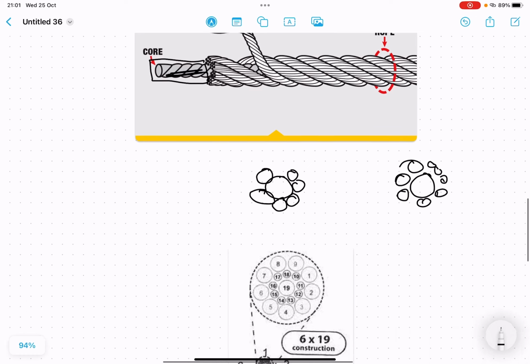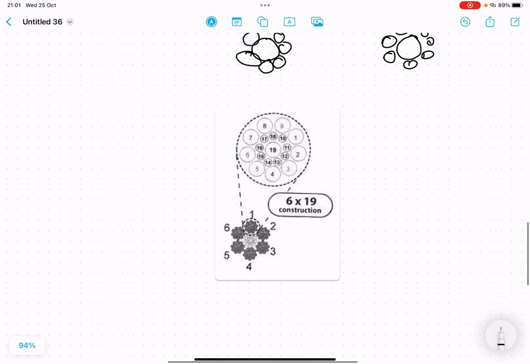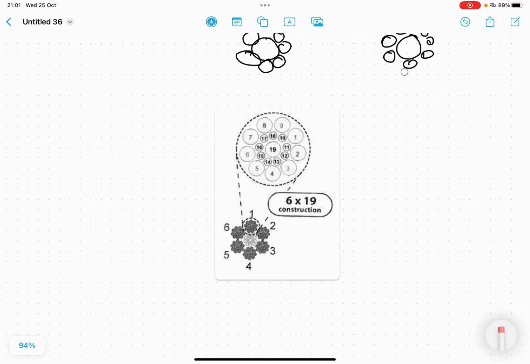Now, in order to understand the 10% rejection criteria, we are considering a simple example of a wire rope sling.